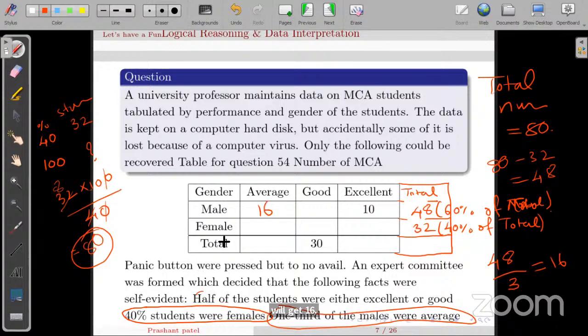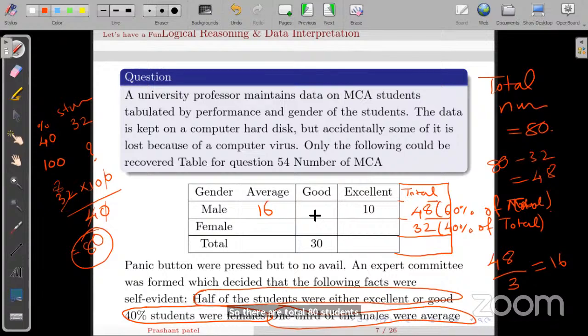Very good. Now, what is the fact? A says half of the students were either excellent or good. So there are total 80 students.